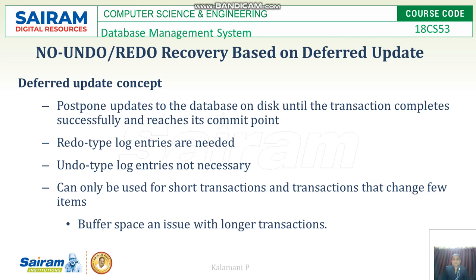It can only be used for short transactions and transactions that change only a few items. Longer transactions we can't use this technique with, because it has to wait until the complete transaction is completed for the commit operation. So buffer space is an issue with longer transactions, because only once the complete operation is over, then it will be updated into the database after the commit.